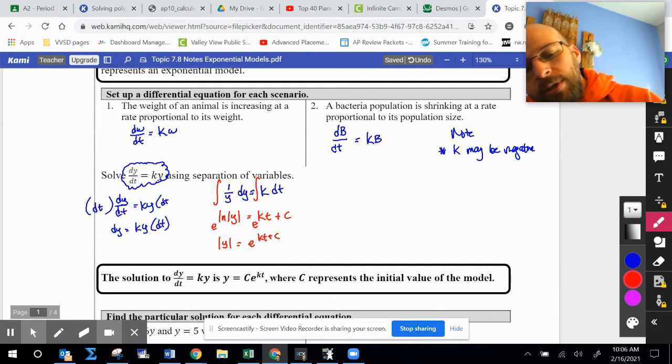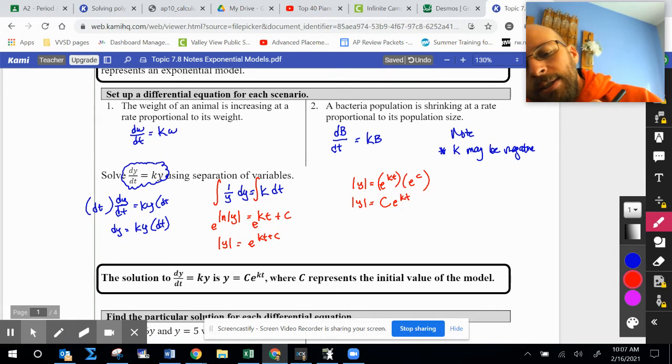So here we have to talk about some exponent properties. I have the absolute value of y equals e to the kt times e to the c, because if you have two powers of the same base being multiplied, you add their exponents. Now e to a constant is just a constant, so I have the absolute value of y equals some constant times e to the kt.